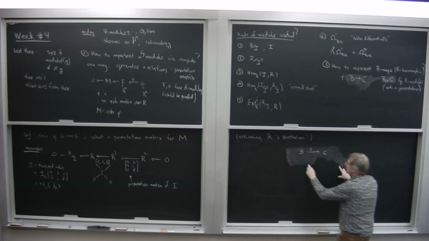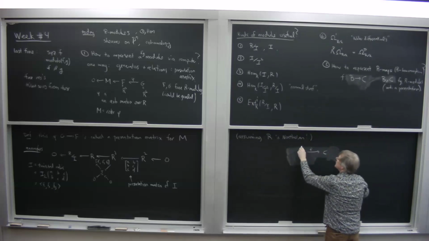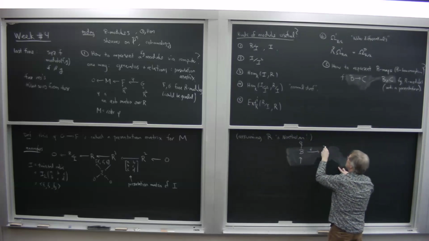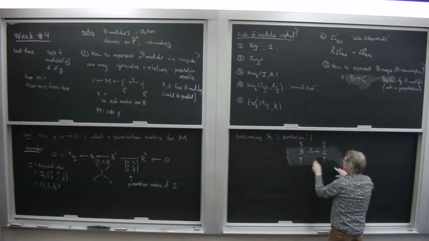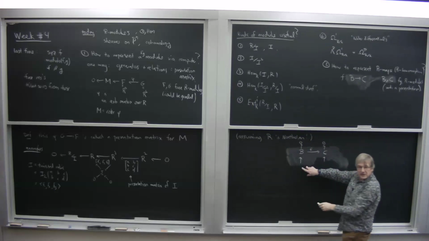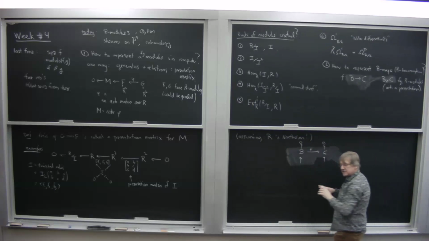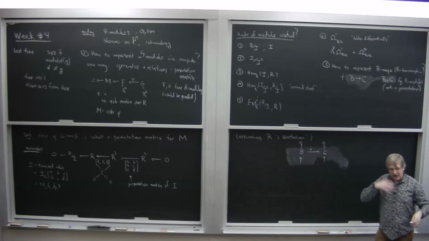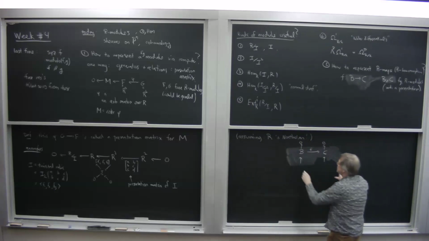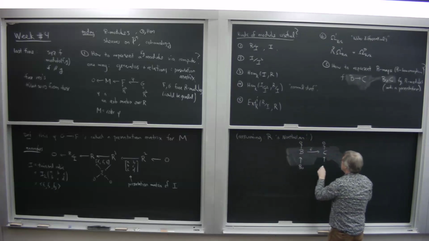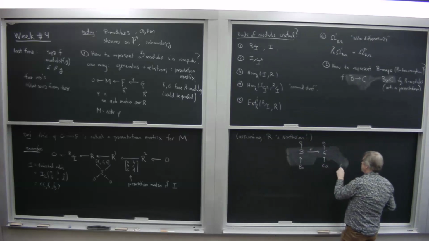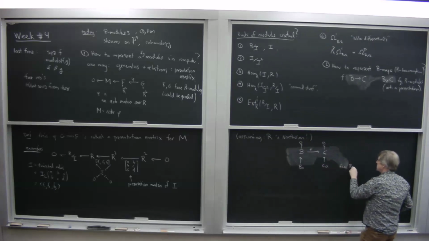Now I'm going to write down a presentation for B, and one for C. So it's starting with some free module here. A lot of times, just in order to avoid having lots of notation, we're going to use B sub 0 and C sub 0. These are free R modules.